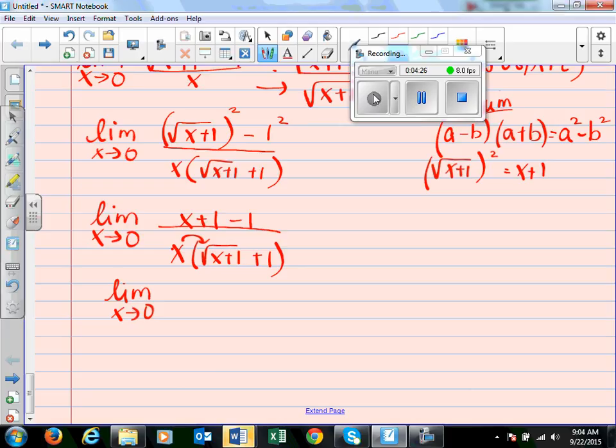Why can we do that? Because it's regular subtraction. There's no calculus involved yet. All this is just algebra. So x plus 1 and minus 1 cancel each other. You're left with x divided by x times square root of x plus 1 plus 1.